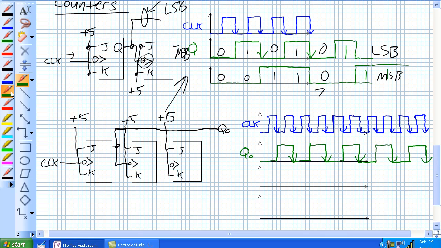And again, assuming it was initially reset, toggle, toggle, toggle, toggle, for the heck of it, toggle once more. That's Q1.